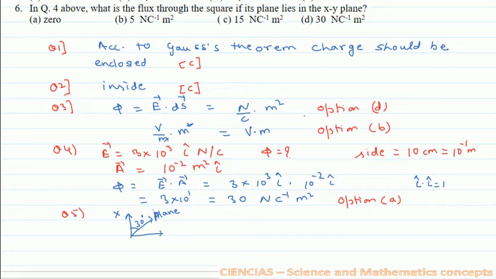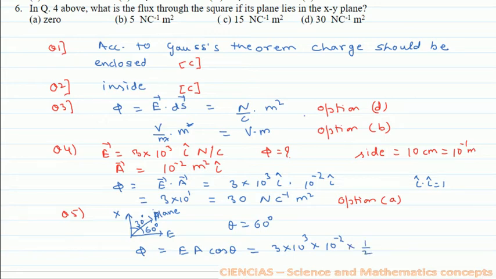Therefore the angle made with the electric field is 60 degree. So theta is 60 degree. Flux is E A cos theta, that is 3 into 10 to the power 3 into 10 to the power minus 2 into cos 60.